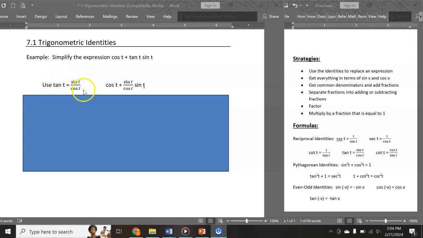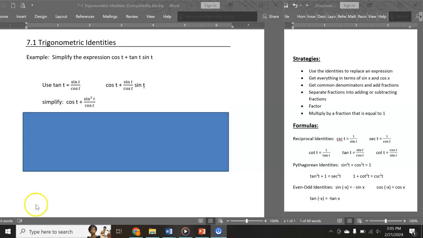I used this identity, and I just replaced tangent with that. Now I am allowed to simplify this. So I can do my fraction multiplication. This would be sine t over 1, and I can multiply sine t over cosine t times sine t over 1. And you'll notice a lot of fraction operations coming up in this, so be sure to be aware of how fractions work.